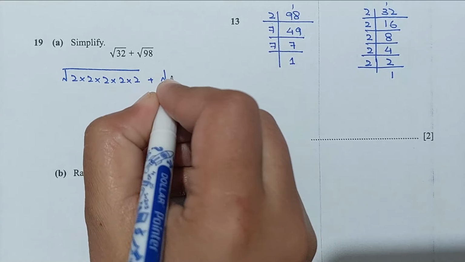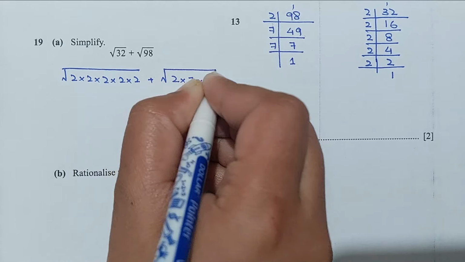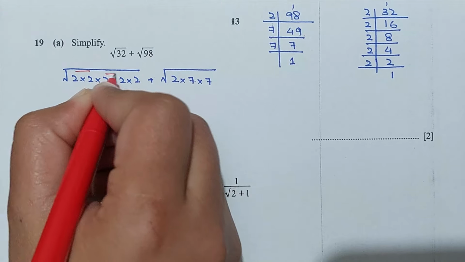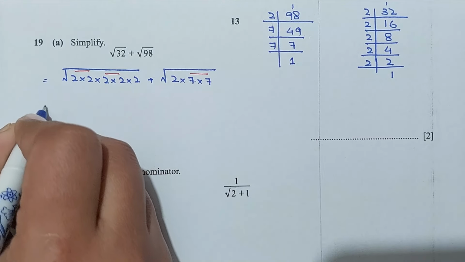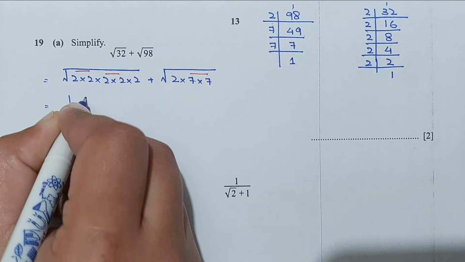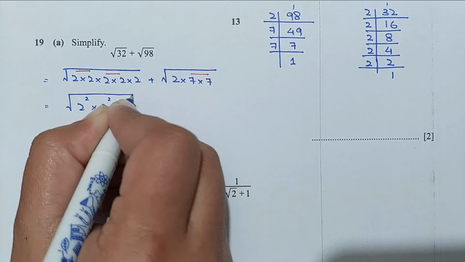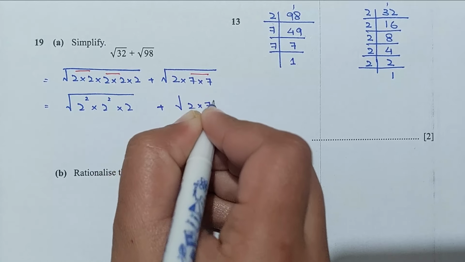So that's the prime factorization of 98. All right, so make the pairs. So this is the pair of 2, and the pair of 7. From here we know that it is 2 square times 2 square times 2, make the pairs as square, plus 2 into 7 square.